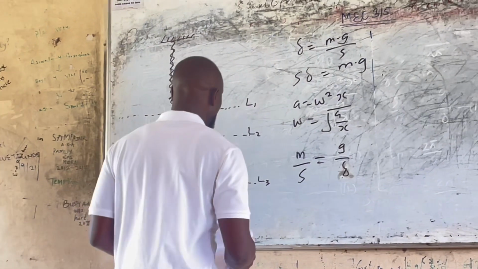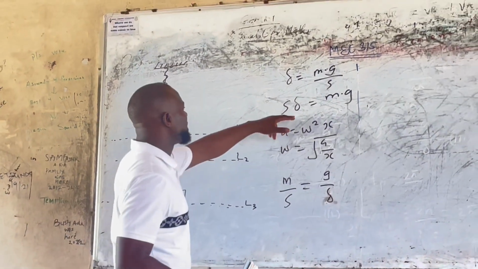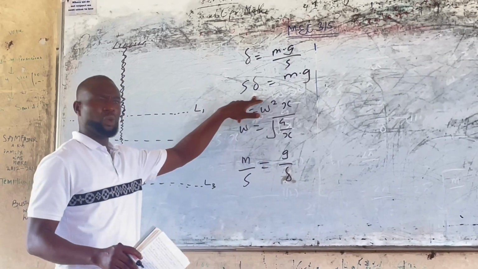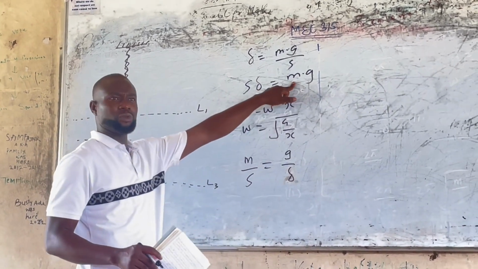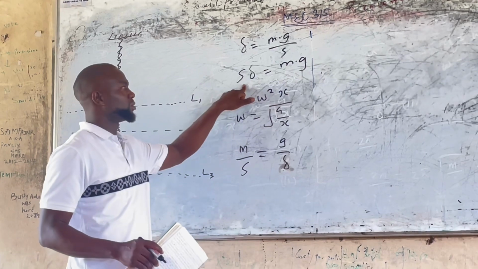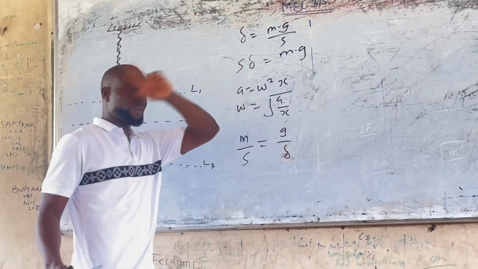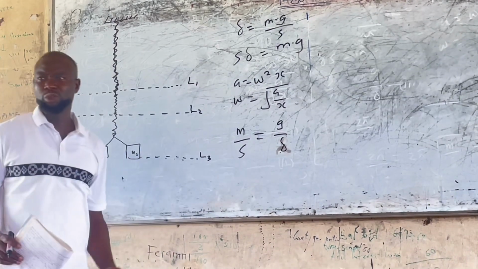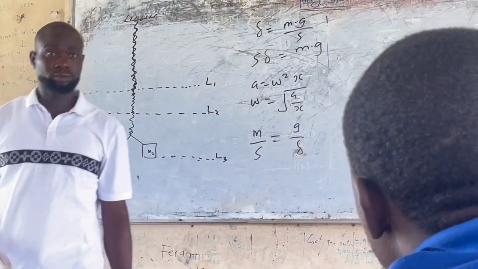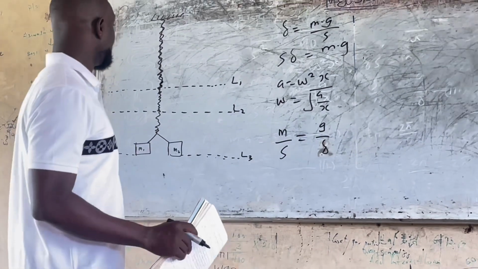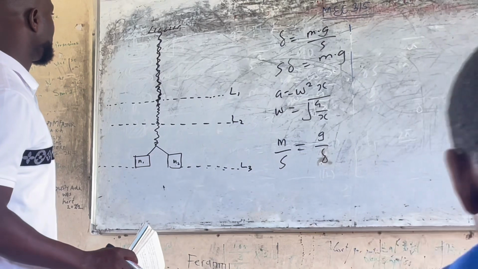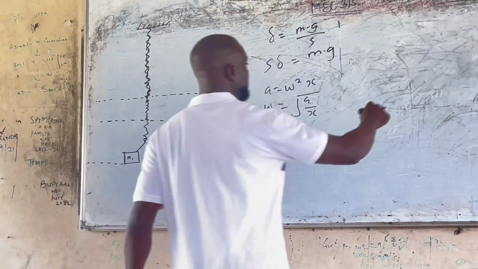So now, if the displacement is not known, the mass is known, the stiffness is known, G is acceleration due to gravity, right? This displacement is the maximum amplitude. So I think we should include S over N. N over S. The first one is to be S over N.